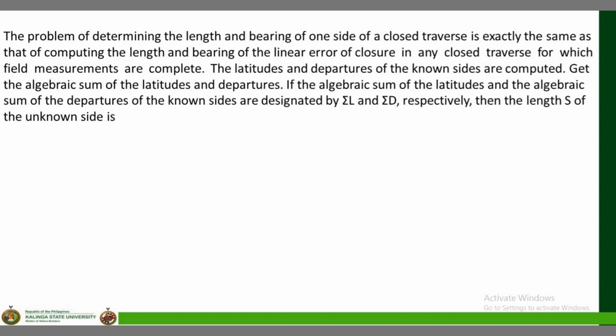Itong linear error of closure na to, ito yung gagamitin natin to determine the data for the omitted measurements. Okay? So, just a review, ang sabi doon sa linear error of closure, LEC, that is the square root of the summation of latitude squared plus summation of departure squared. But this time, LEC is equal to the distance of the unknown line.